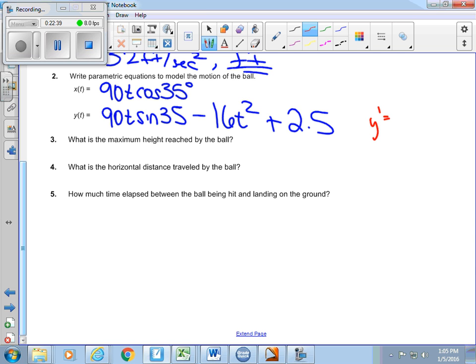Y prime would be 90 sine of 35 minus 32t, right? Everyone agree? So t would be 90 sine of 35 divided by 32.